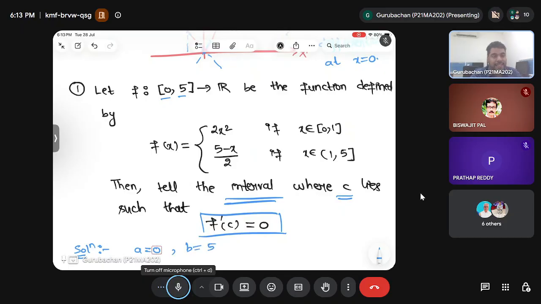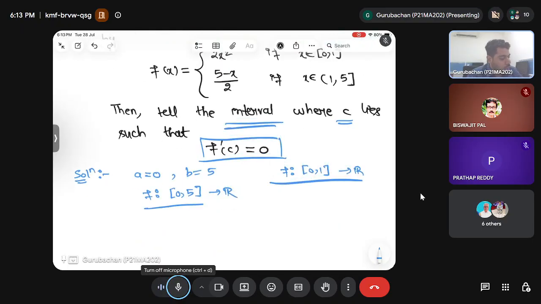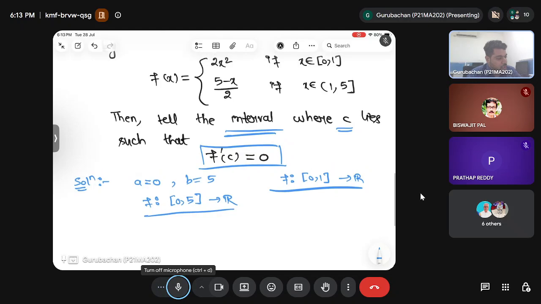I am taking the case where our function is defined from 0 to 5 to R, the whole domain. You can also apply Rolle's theorem on a partition like 0, 1 to R. I am firstly considering the whole case. So now we need to first check whether this function f is continuous on the whole interval or not.